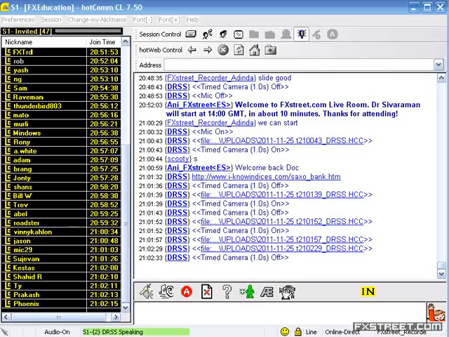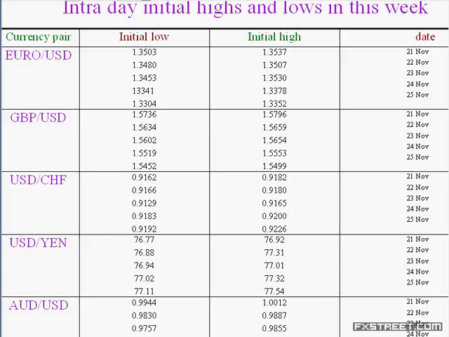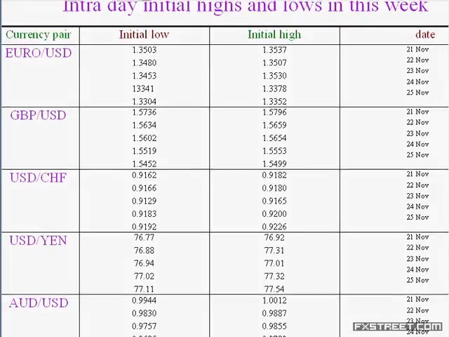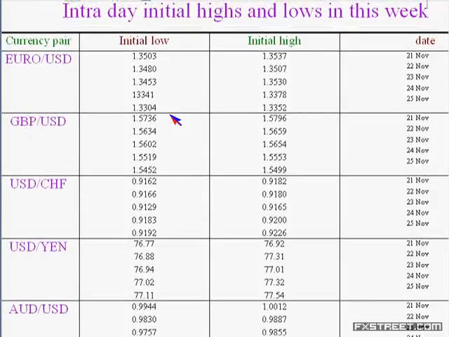highs. Let me just focus the camera over another PowerPoint presentation where I have the Asian session lows which are marked around 3:30 GMT. So Euro was around 1.3304 at that time.